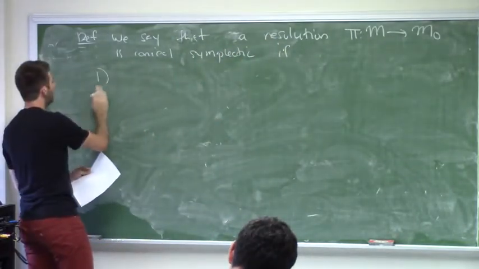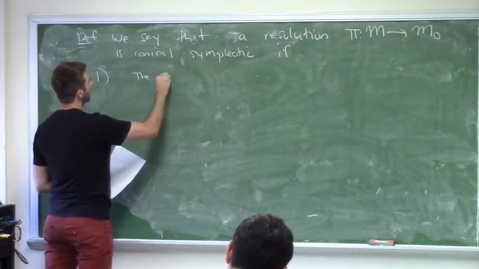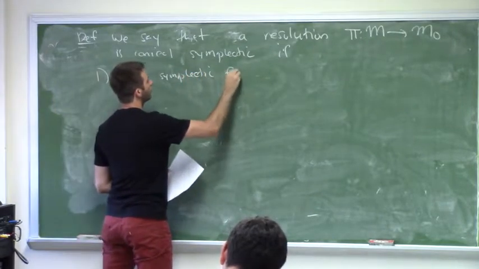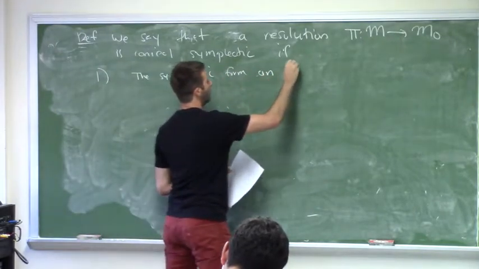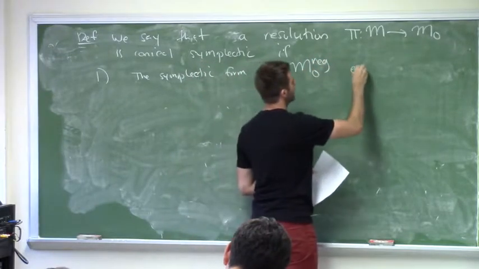So one, the symplectic form on M on the regular locus extends to one on N.